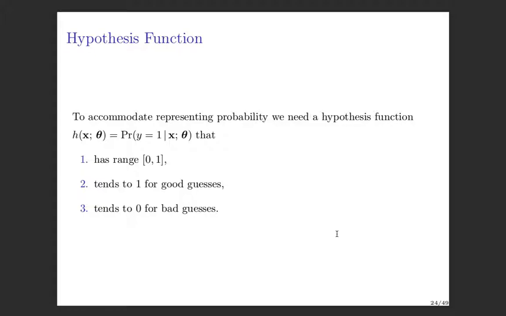Our confidence in our guesses has to get better as our training gets better. And the opposite has to happen. If we have a bad guess, and something's not in the set, then our hypothesis function better tend to 0. So I have a piece of data, and as I'm training, if the thing's supposed to be in, when I train on this piece of data, we better tend to 1, and if it should be out, we better tend to 0.